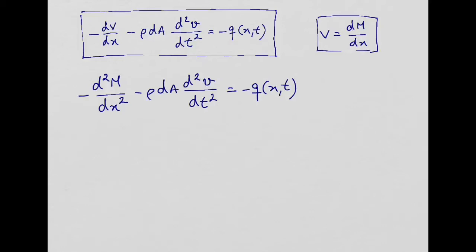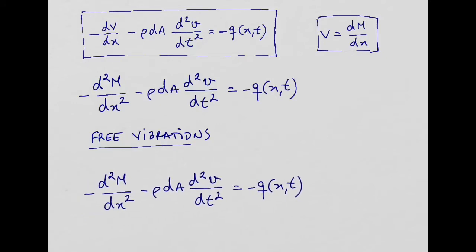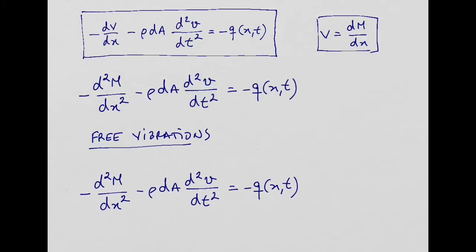We are going to do the analysis for free vibrations. Basically, what we are going to say is our analysis will consider the beam vibrating under no action of any external force.